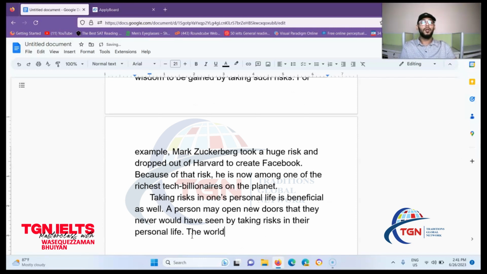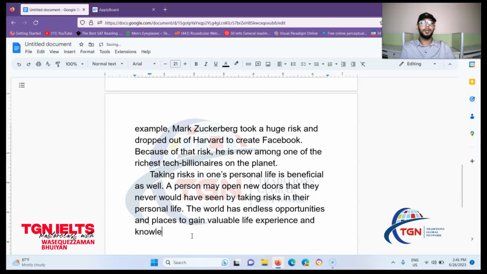The world has endless opportunities and places to gain valuable life experience and knowledge, but to actually attain these, one must take risks.